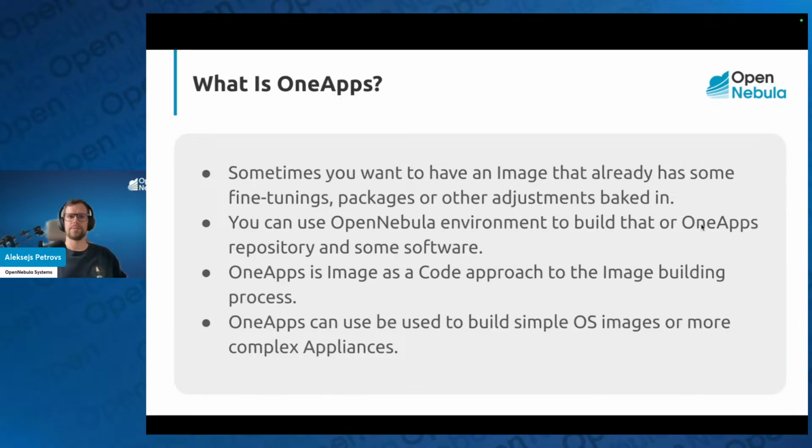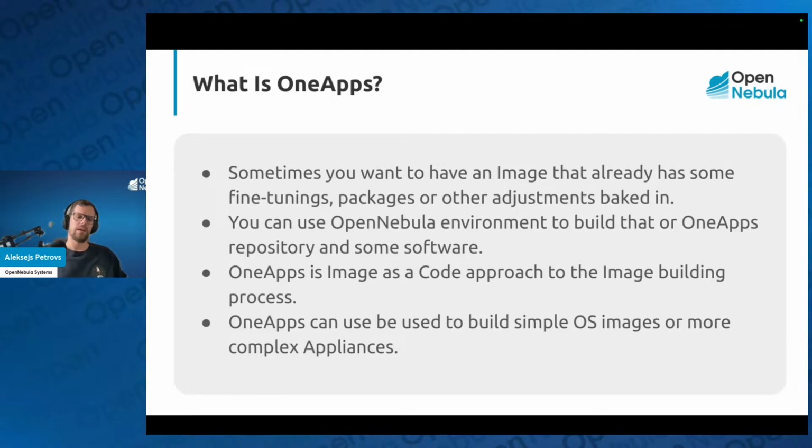Right. So then, as I mentioned, we have the images and then we have the appliance directory. What's the difference here? That's quite important. What we consider a plain image is an image with an operating system, right?